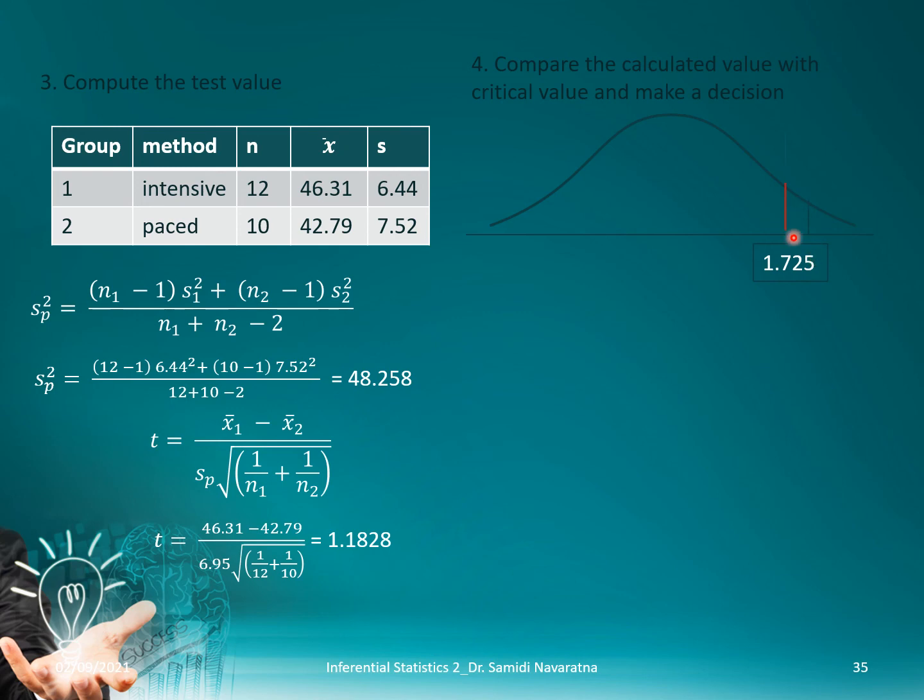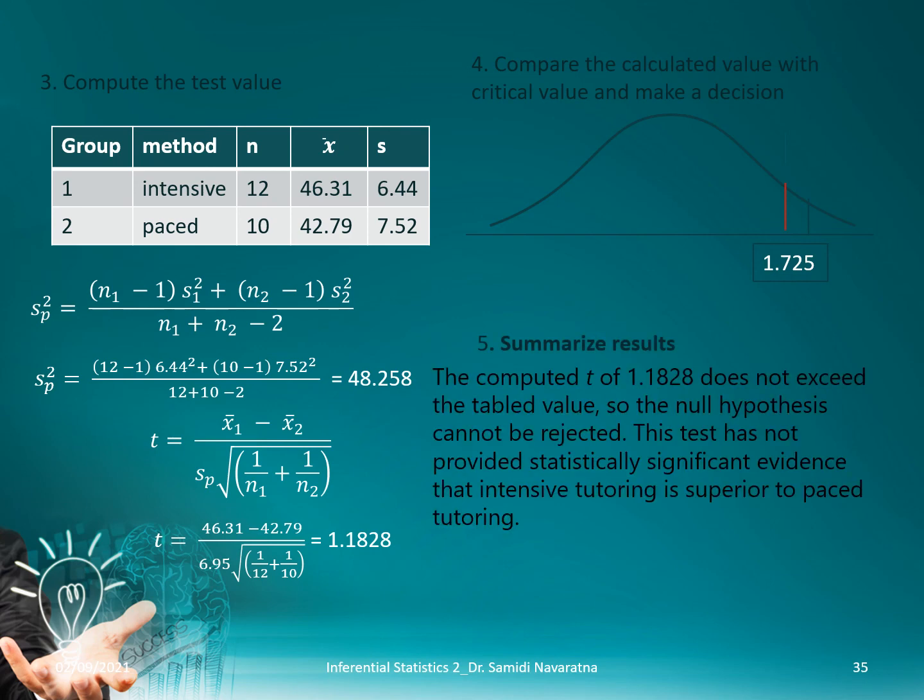So therefore, this value does not belong to the critical region where we reject the null hypothesis. So we can conclude the computed t of 1.18 does not exceed the table value. So the null hypothesis cannot be rejected. This test has not provided statistically significant evidence that intensive tutoring is superior to paced tutoring.